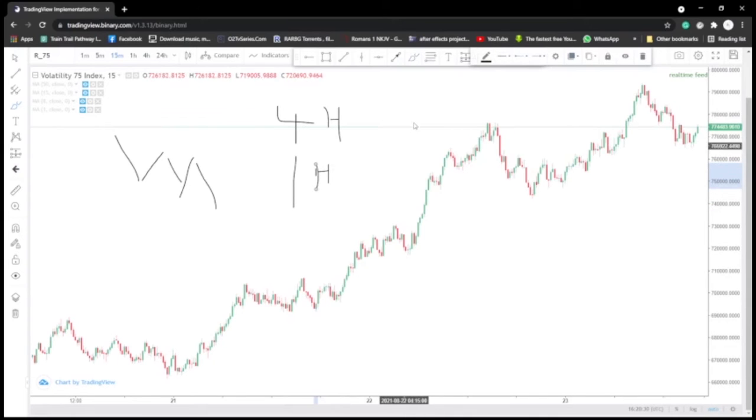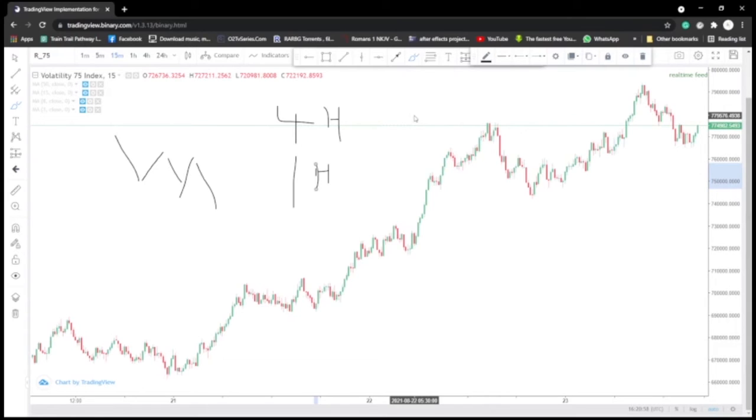As long as you are using a smaller time frame, let's say you are using a 1 minute, what you would want to do is make sure that it corresponds to the 5 minute and 15 minute charts, or any higher time frame than the current one you're using.